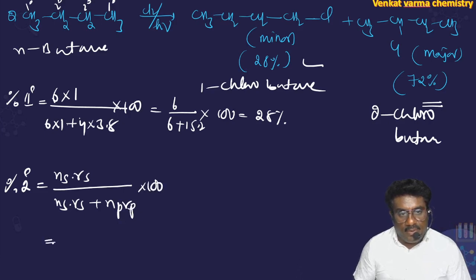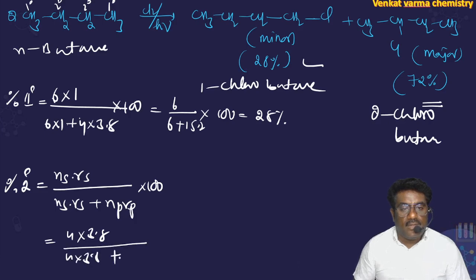So number of secondary hydrogens are 4 into 3.8, divided by 4 into 3.8 plus number of primary 6 and reactivity of primary 1, into 100.